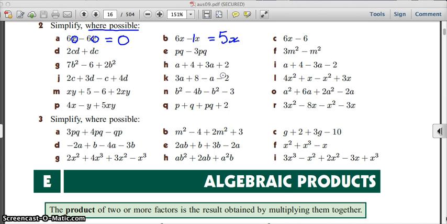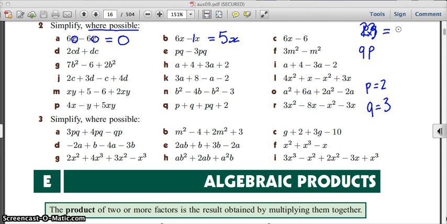The other thing to be mindful of is that P times Q or Q times P mean the same thing. Okay, this might be a rehash. We're going to go into a bit more difficult ones in a minute. But if P equaled 2 and Q equaled 3, here we would have 2 times 3.